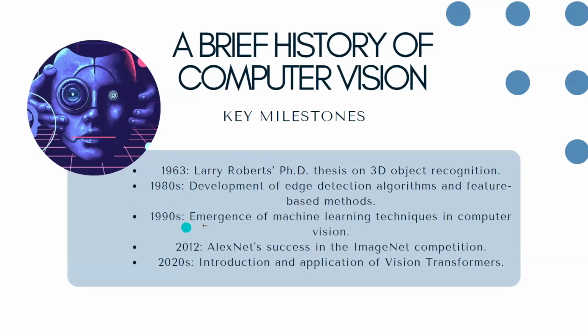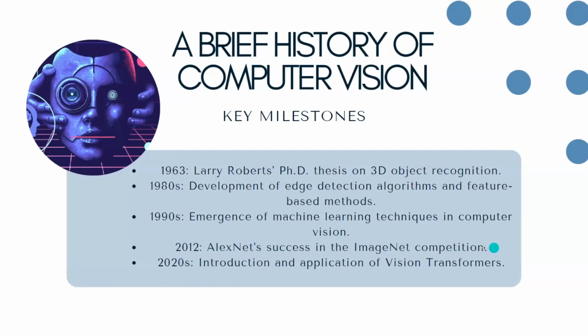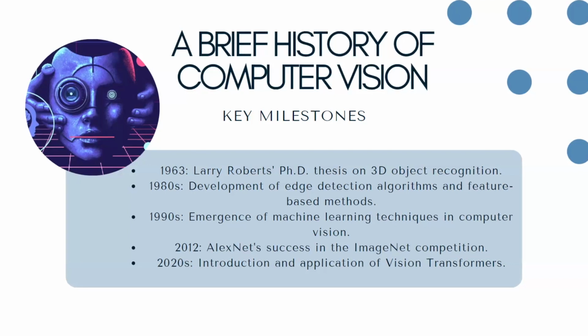Then in the 90s, we got more machine learning models with better performance. Then in 2012, we have AlexNet's success in the ImageNet competition. AlexNet is the name of a model that was able to really understand images better and predict outcomes with a better performance.